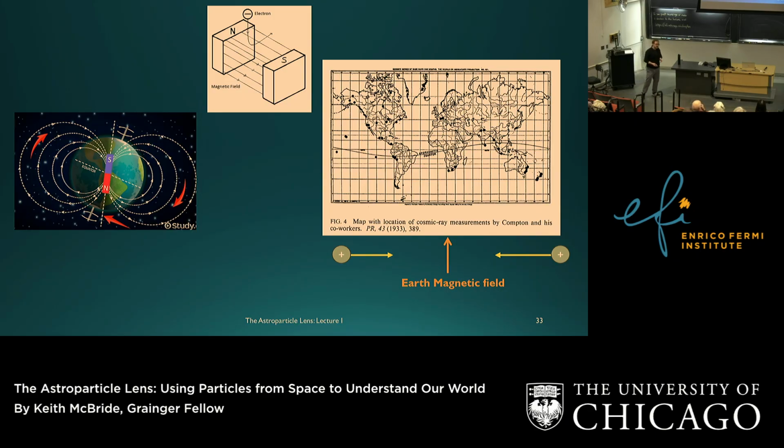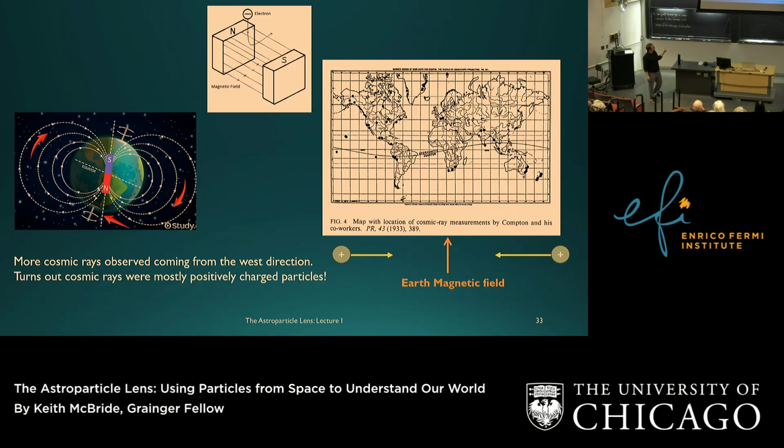And this is because the ones coming from the east are deflected away if they're positively charged particles. And that's exactly what they found out. They found out that there was this east-west effect, that cosmic rays are charged particles, and in fact, they found out that they were positively charged particles, right? At the time, it wasn't known if they were neutral, negative, or positive, and now they figured this out, all thanks to his little side project.